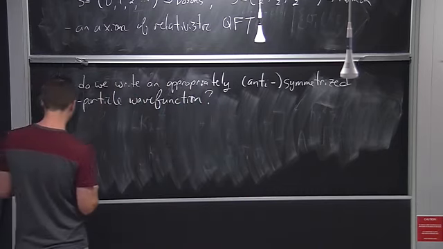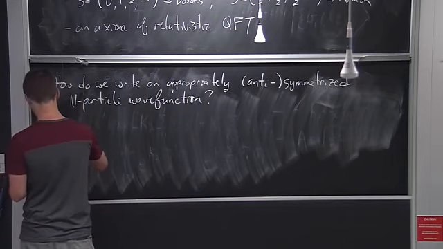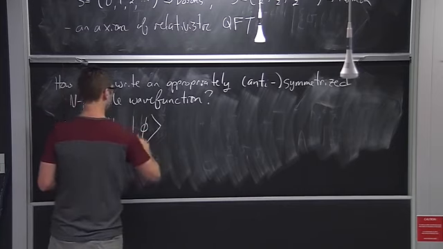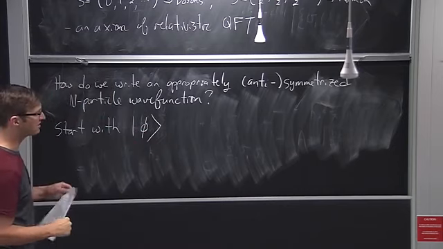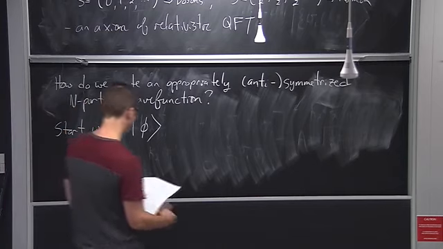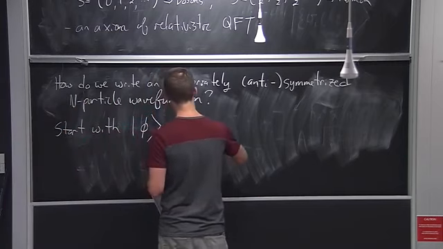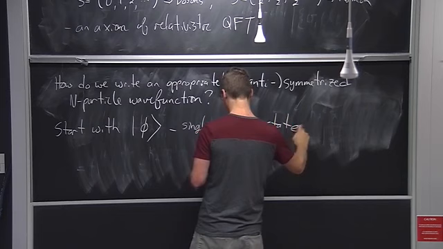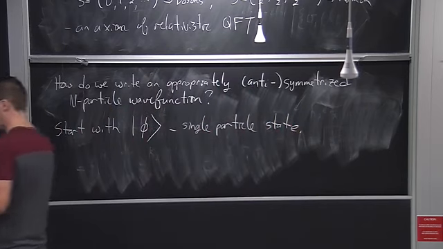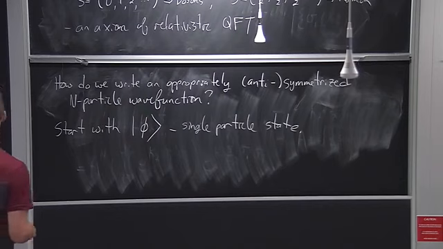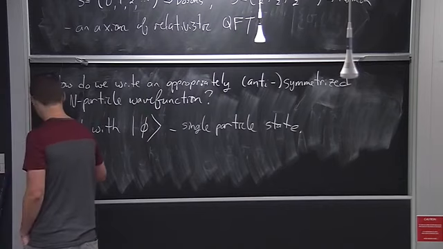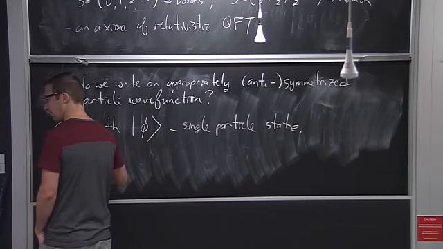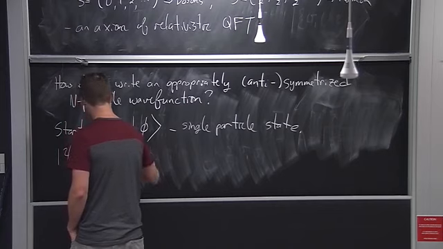Well, we can start by defining a single particle state, which I'll call phi, a different phi than that phase. And in an n-particle Hilbert space, I could write the wave function as just a tensor product, I guess.